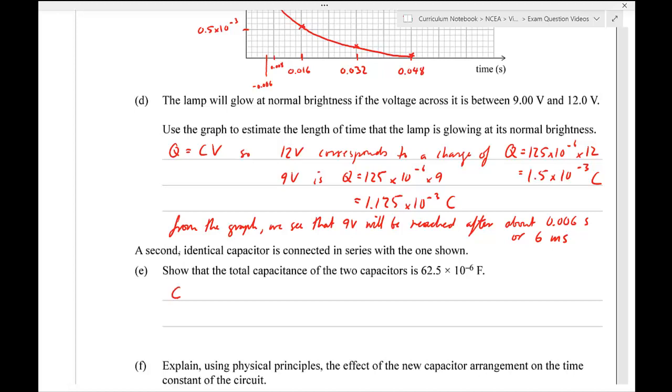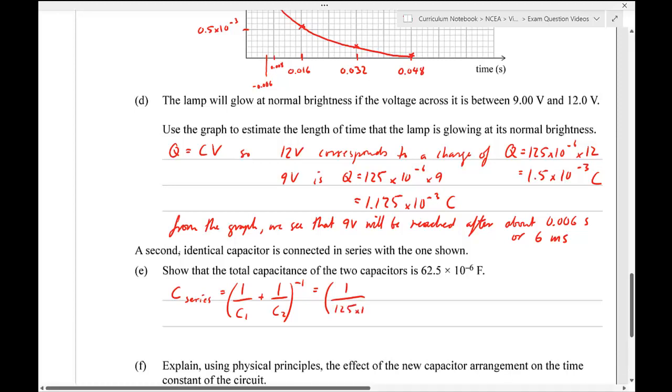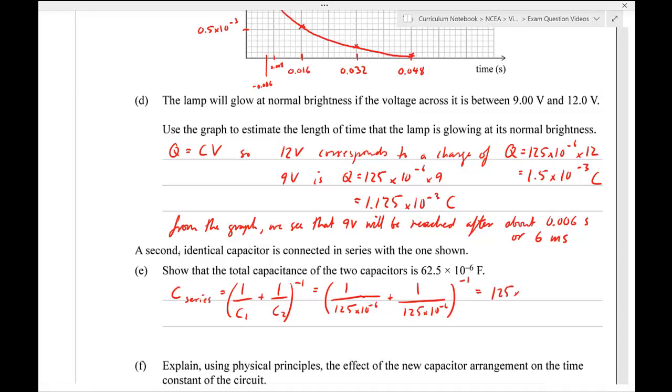Okay, so C series is equal to 1 over C1 plus 1 over C2, all inverse, which in this case is 1 over 125 times 10 to the minus 6 plus 1 over 125 times 10 to the minus 6, which is equal to 125 times 10 to the minus 6 over 2, which is 62.5 times 10 to the minus 6 farads.